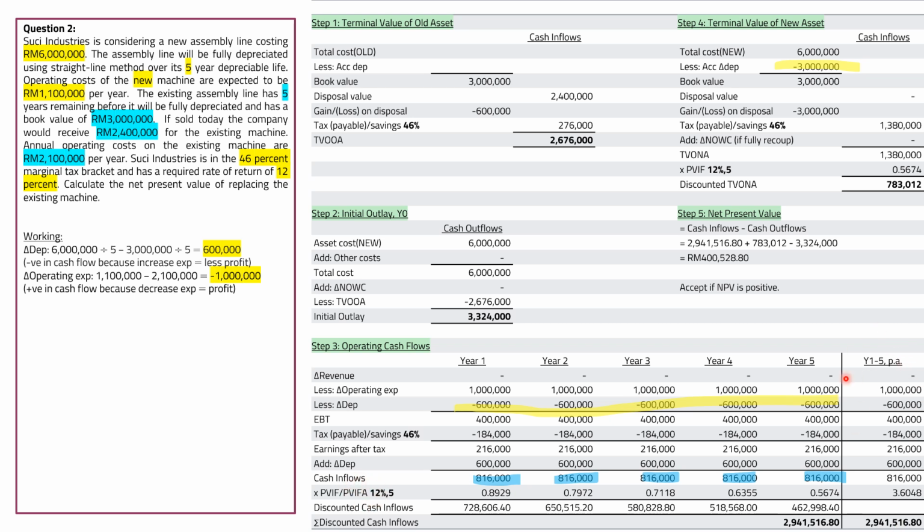So you only have to do it once. So the yearly figures for the change in revenue, change in operating expense, change in depreciation, and then you get 816,000 per year. And then from the PVIFA table at 12%, 5 years, you get 3.6048. You times it and you get 2,900,000. So you can see here that it is actually the same figure, so both ways are accepted. Sometimes you might find slight differences, but that's only due to rounding and it is acceptable.